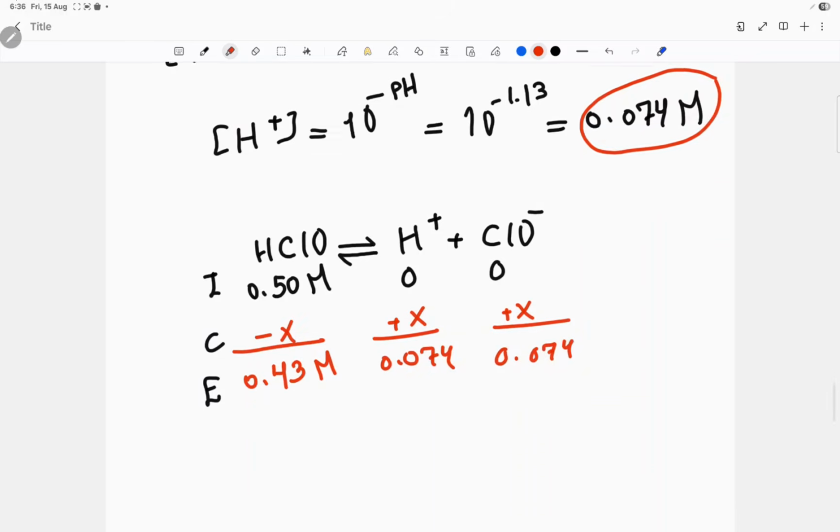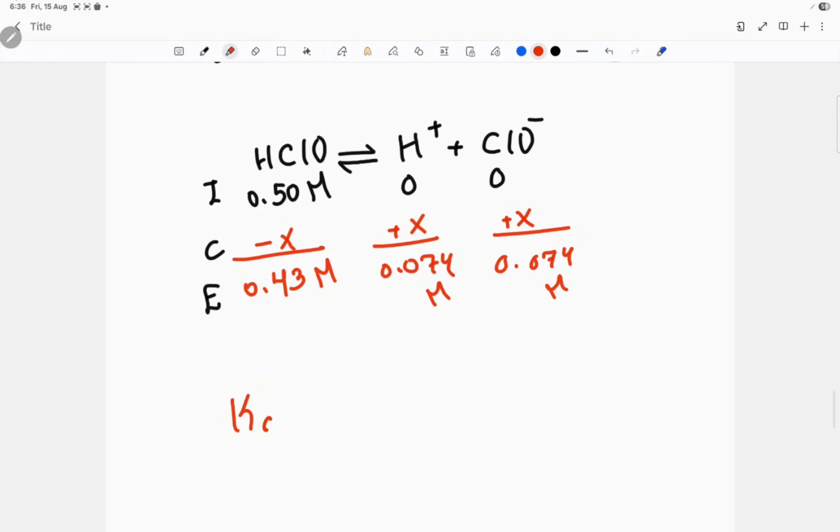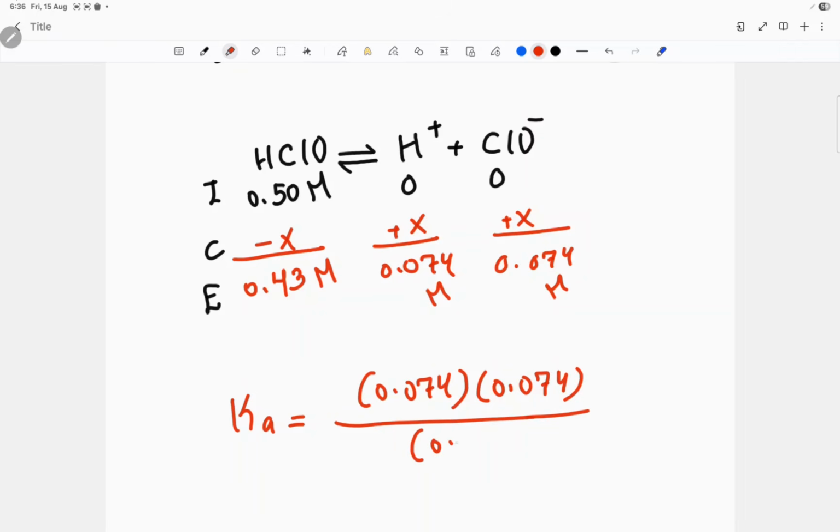Perfect. Now find the Ka: products over reactants, so this times this over this, and you get the answer.